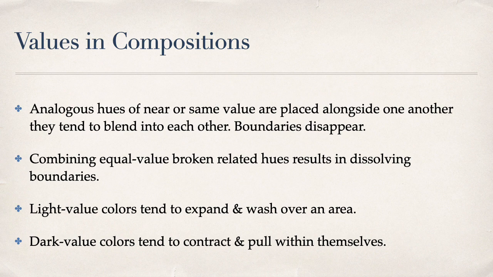Light value colors tend to expand and wash over an area, while dark value colors tend to contract and pull within themselves. It is important as an artist to be able to predict how a color will be influenced or changed by its surroundings.